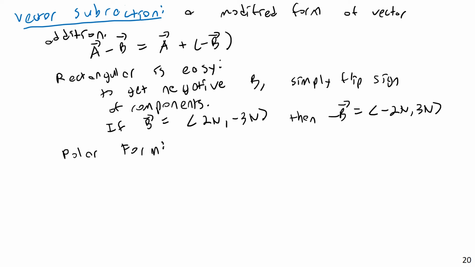Polar form is also not too bad. With polar form, all you do is rotate the angle of b by 180 degrees, and you're going to be using trigonometry anyway if you're dealing with polar form.